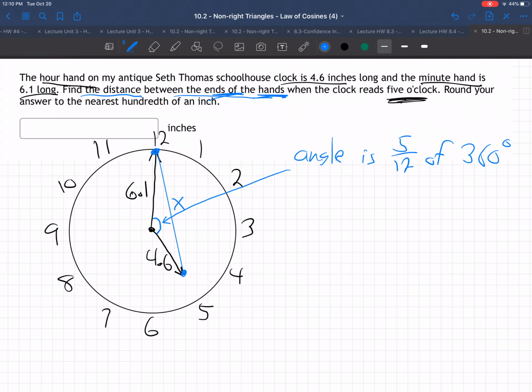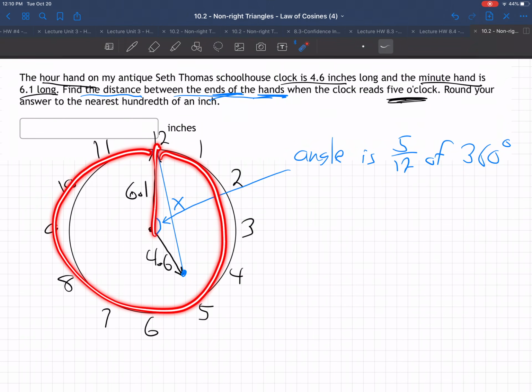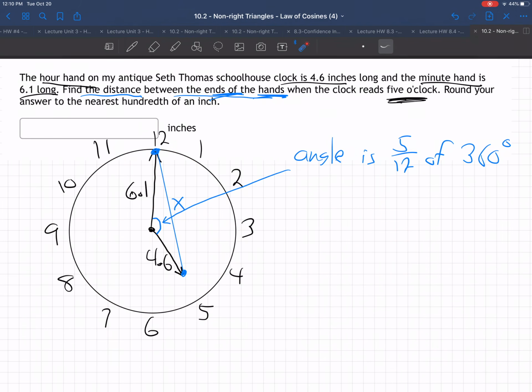If you go straight up and then the other hand moves around, when you're pointing at 5, you're 5/12 of all the way around. All the way around is 12 hours. So if we're at 5 o'clock, from straight up, that's 5/12 of 360 degrees.